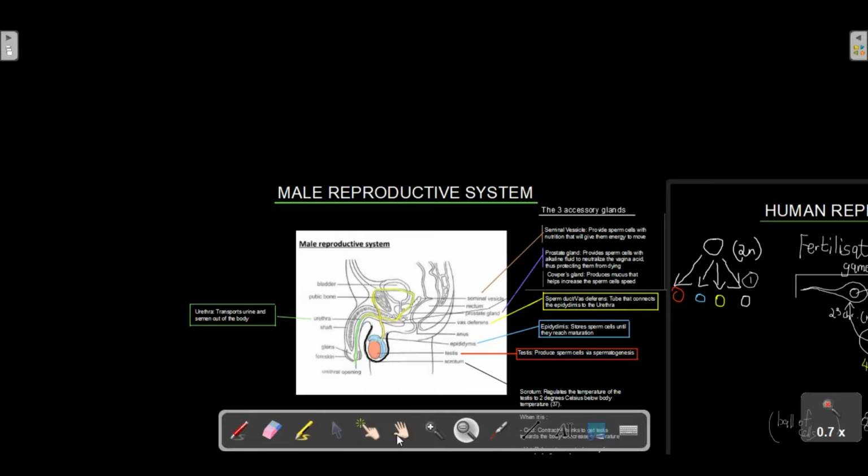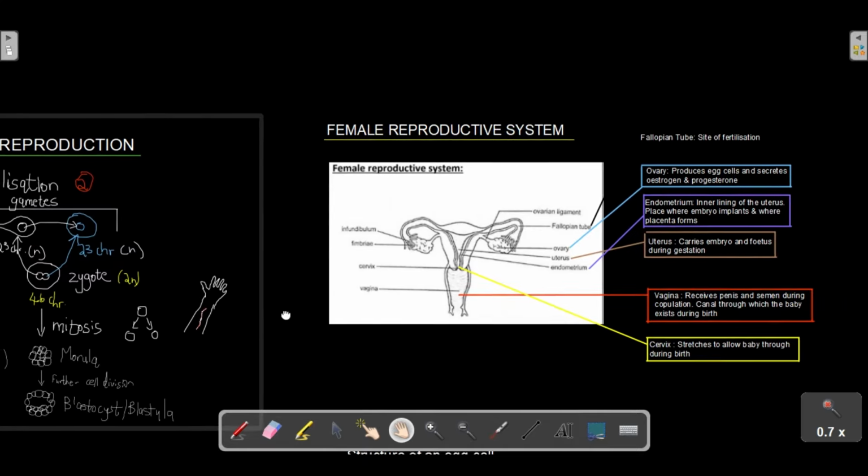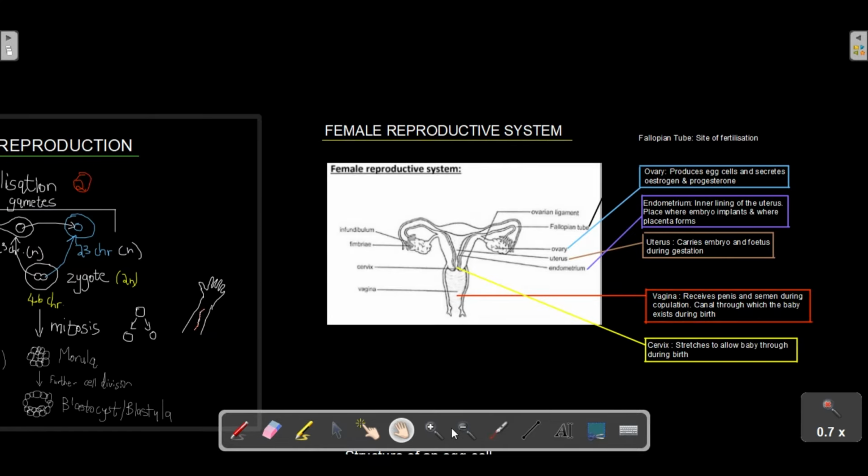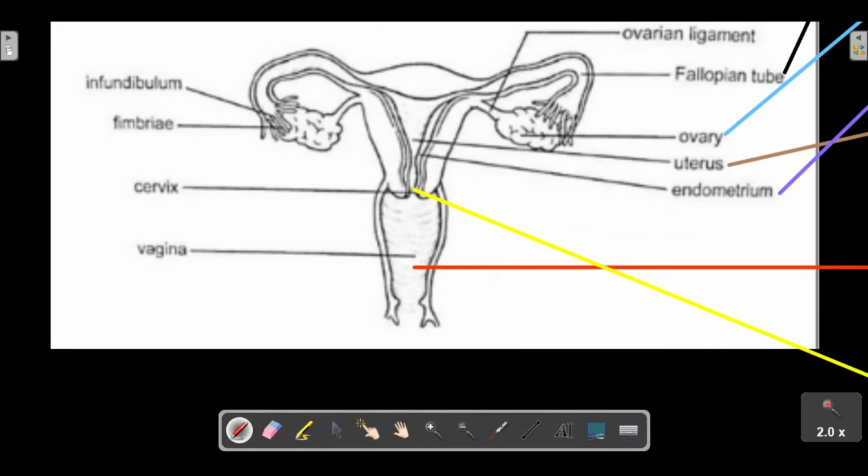So the idea is, you produce sperm cells as a male, and these sperm cells have to move through the vagina, via the cervix, into the uterus, and then they move into the fallopian tube, right?